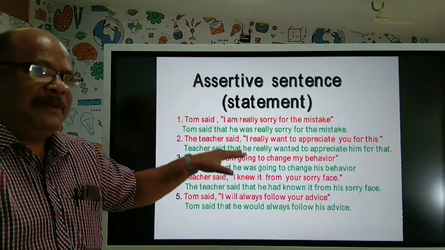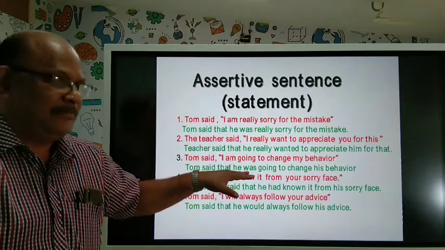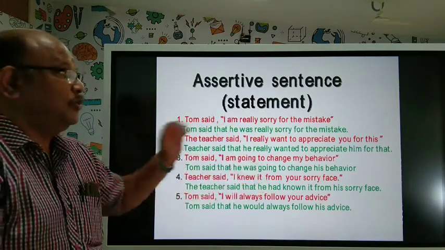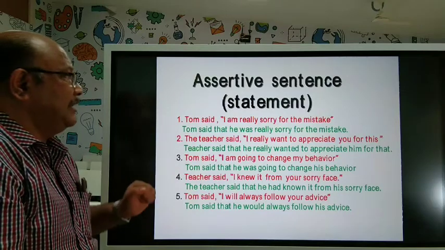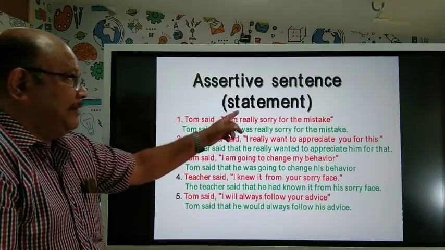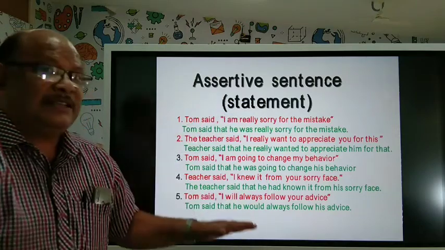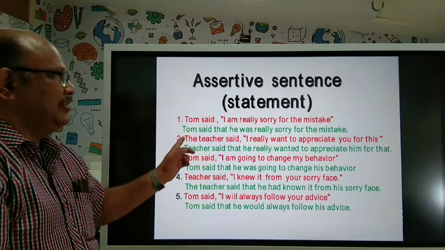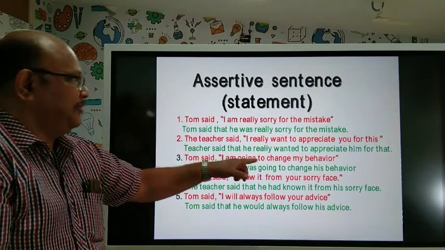Similarly, for imperative sentences, those rules are applicable. Interrogative sentences, those rules are applicable. So all these examples are examples of assertive sentences. How they change into indirect speech.